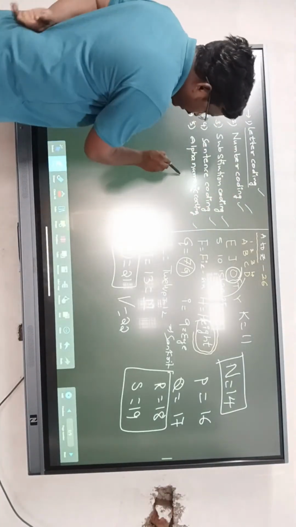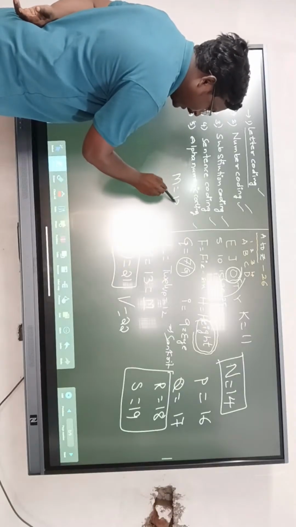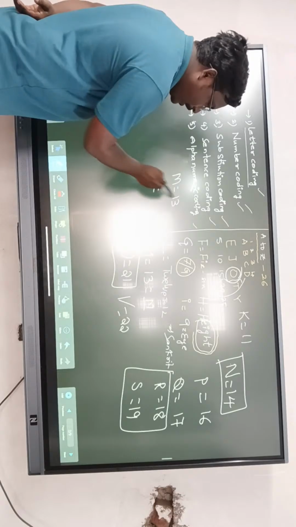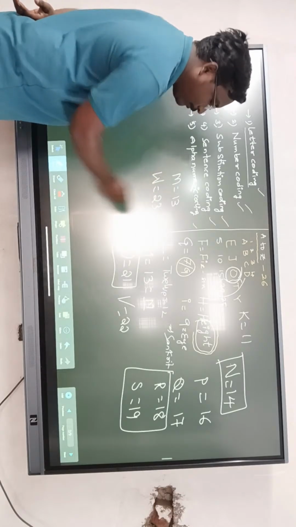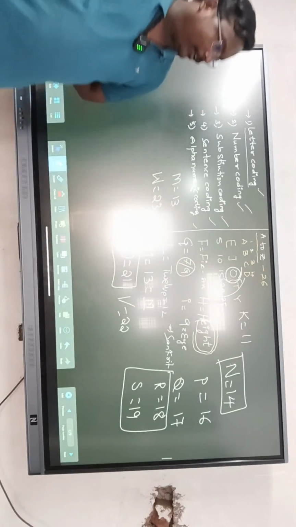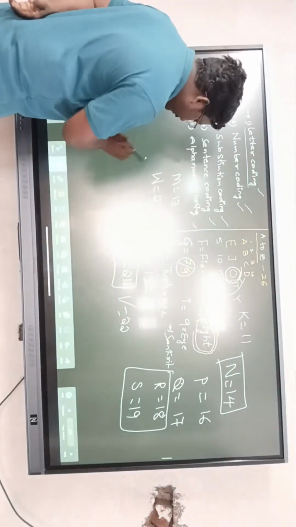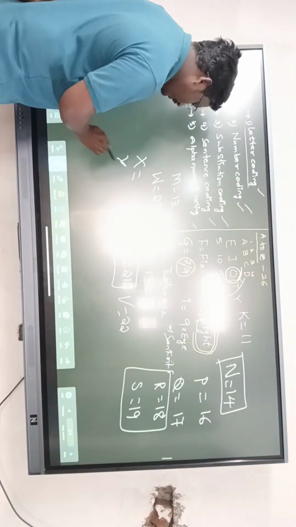M, so we wrote M for 13. One letter is common. M opposite, what beta, here? W. Here we already wrote the 1, so it becomes 23. Next X, Y, Z.